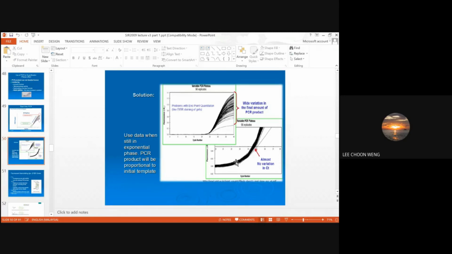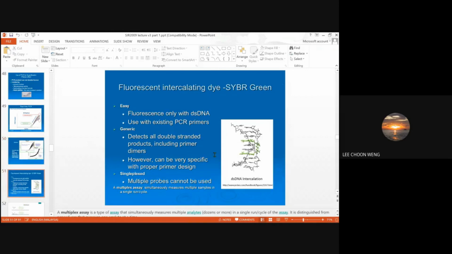So you need a quantitative PCR or real-time PCR, because a qPCR will have a camera capture system where the real-time changes are being recorded by the camera. The recording is based on fluorescence. The fluorescence can be provided by using a SYBR Green dye.